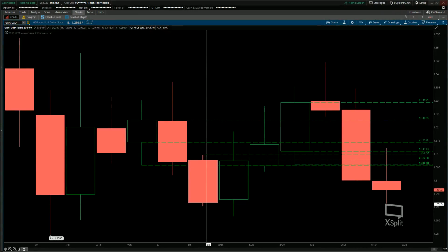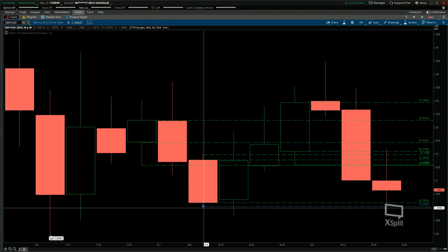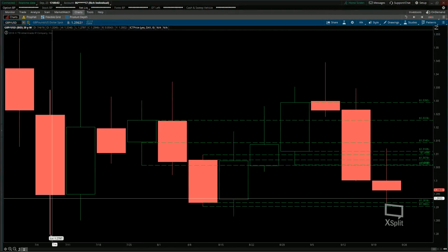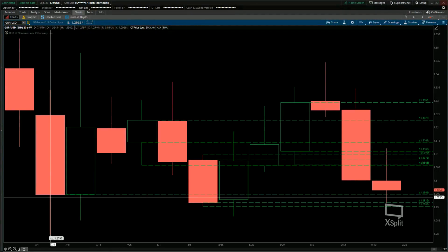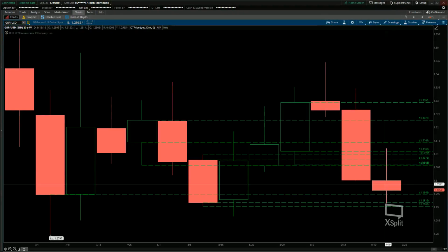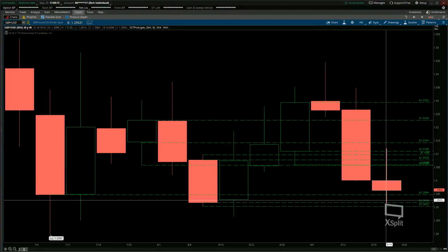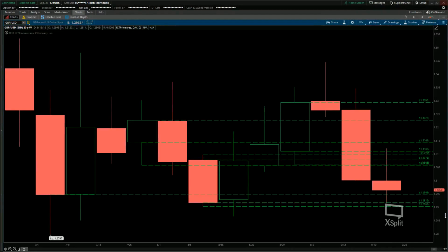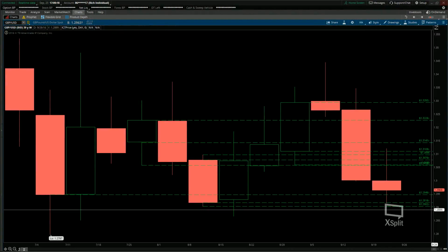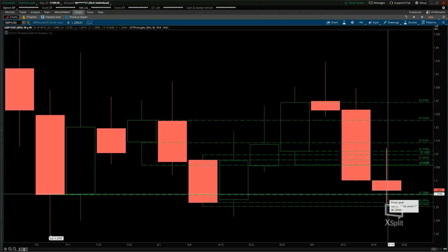But the main thing we're looking at now is this level here, this level, and this level. You can see this week's low keyed off of that 29.16 line and rejected off of it.